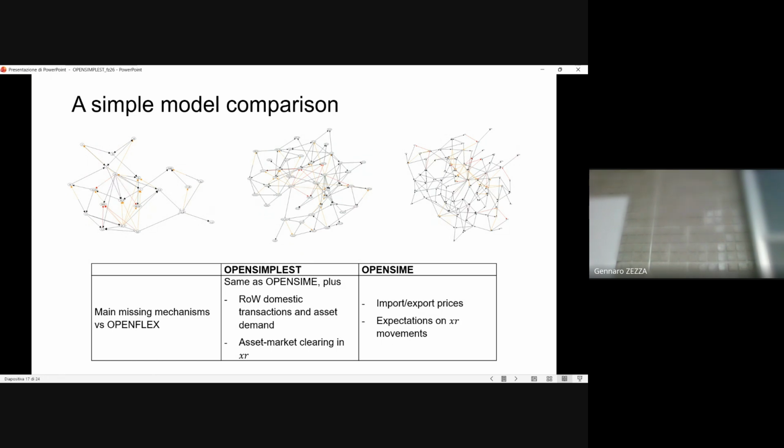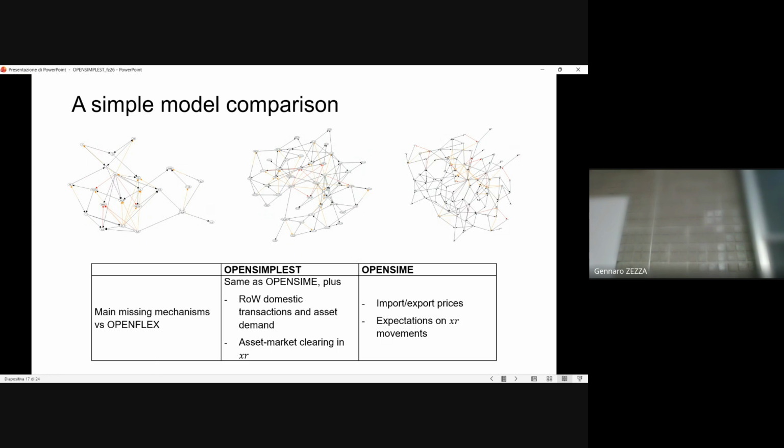In the original model, we have price of imports and price of exports, represented in this lower part of the graph, which is non-existent in Helios. And we also took out expectations, which were central in Godley-Lavoie chapter 12.